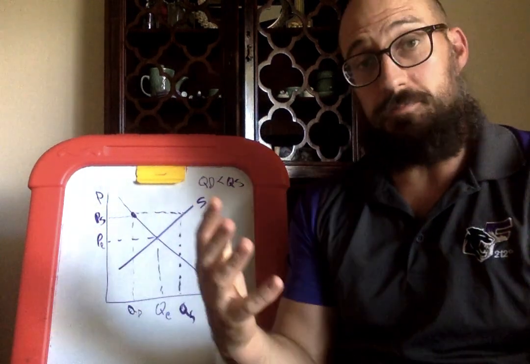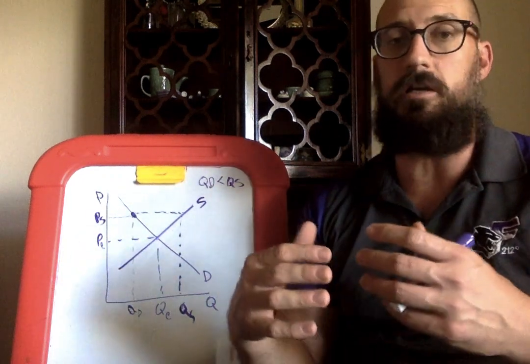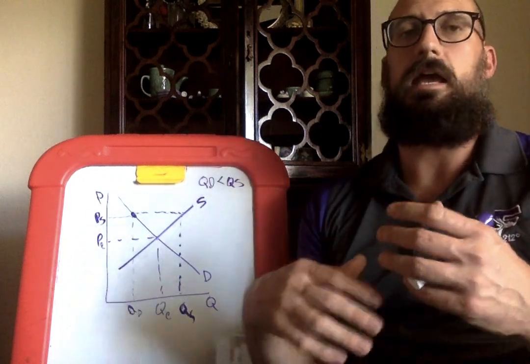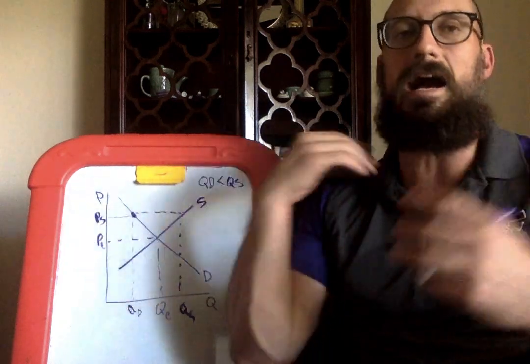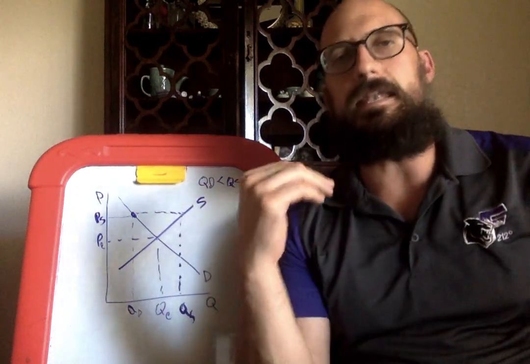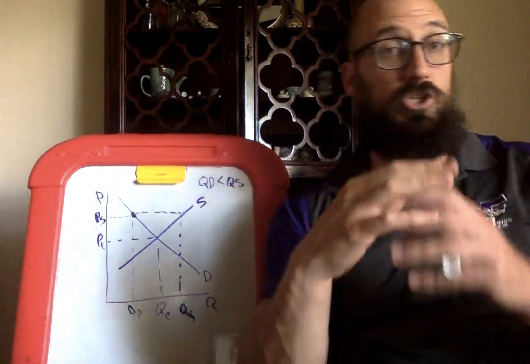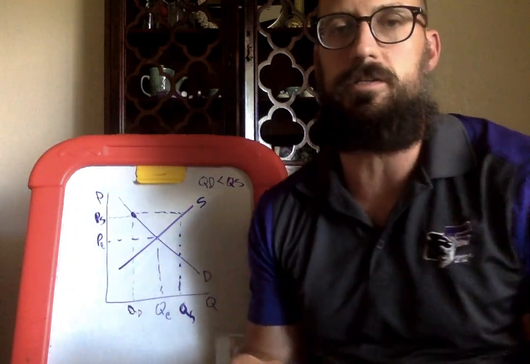Now, let's look at the flip side of that. Let's look at suppliers producing too little, and the demand is too high. So let's say you go into the convenience store, the example we used earlier, and now you want a Gatorade, but the shelves are empty. Well, now you're experiencing what's called a shortage.